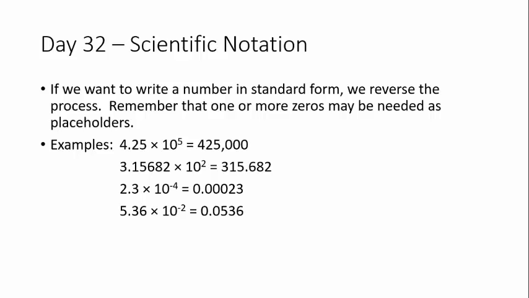So the decimal will move to the position between 5 and 6. That will give me 315 682 thousandths. The third example here, we have 2 3/10 times 10 to the -4. You'll notice that when you have a negative exponent, then you have a representation of a very small number.